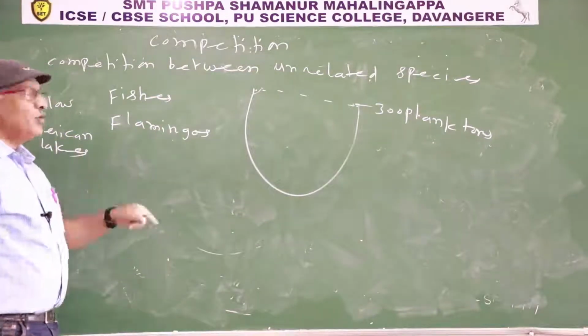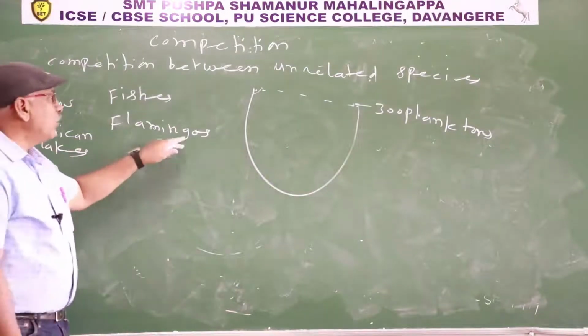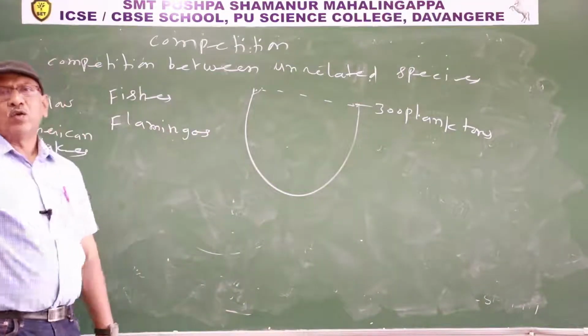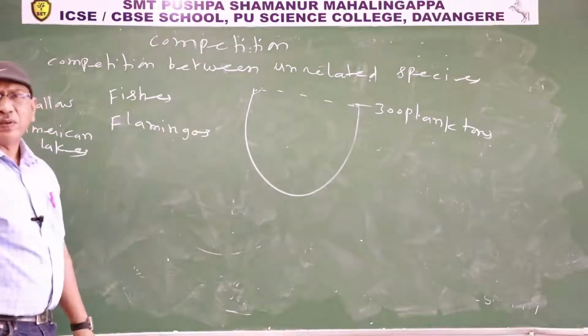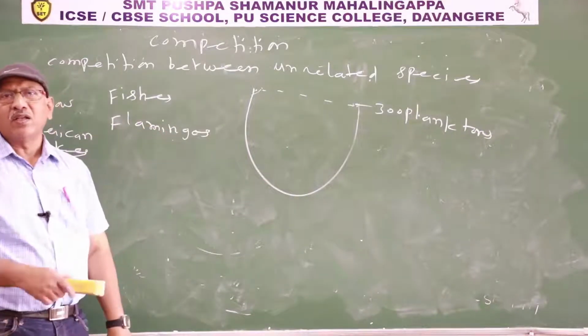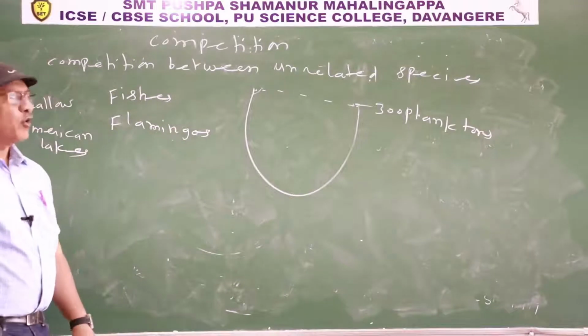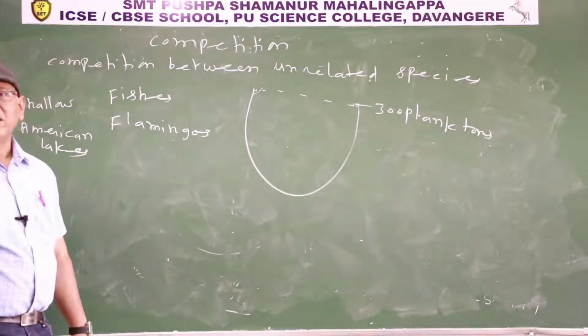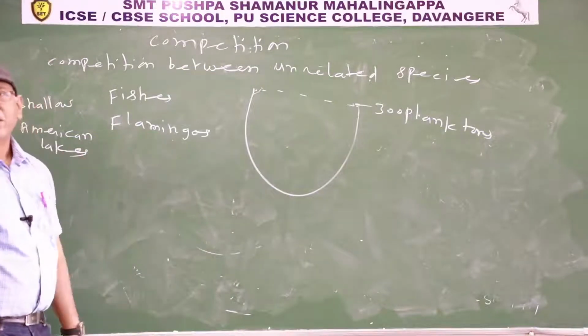It is also an example of interference competition. The flamingos interfere with the food of the fish. Throughout the year the flamingos do not feed on zooplankton; only 3 months they visit the shallow American lakes. So it is known as interference competition. One more point: the ability of one species is decided in the presence of another species.